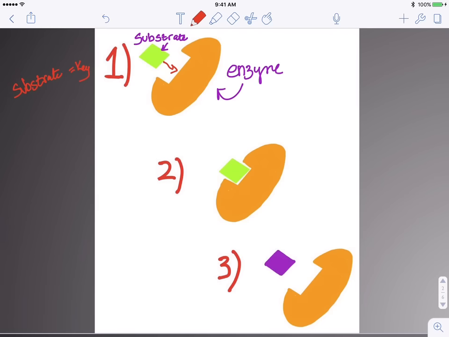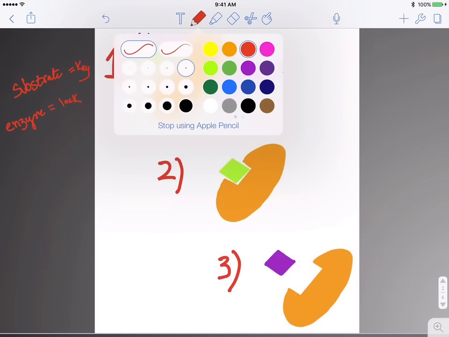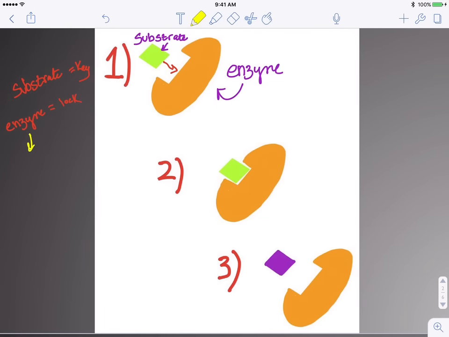it's like the key, right? And the enzyme is like a lock. Okay? This enzyme is very specific, right?